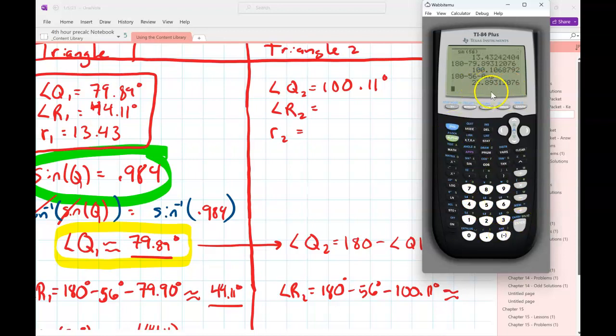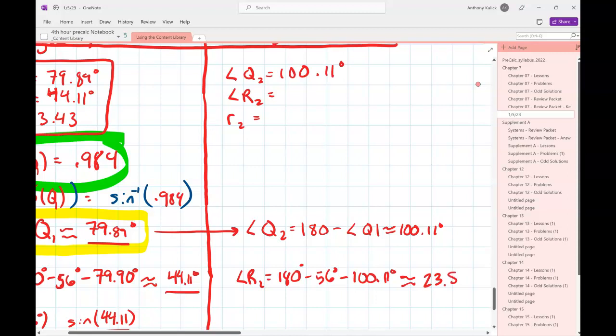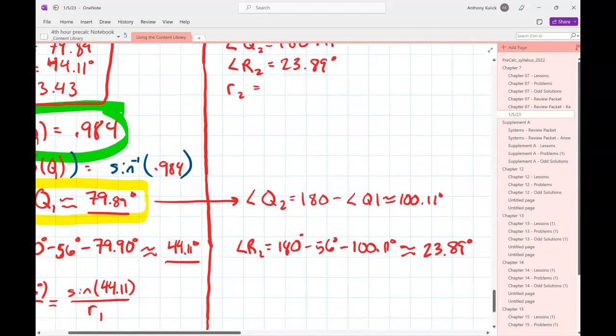So 23.89 for that one. And then to find side R2, here we're still stuck doing the law of sines.